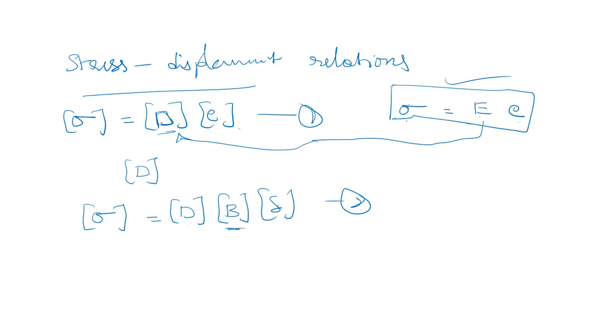Delta is the displacement vector, like u1, v1, u2, v2, u3, v3, six components. The only unknown is this D. This D also we know, since we derived the plane stress and plane strain conditions. That condition has to be used here.